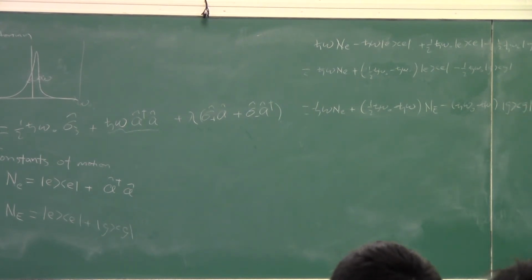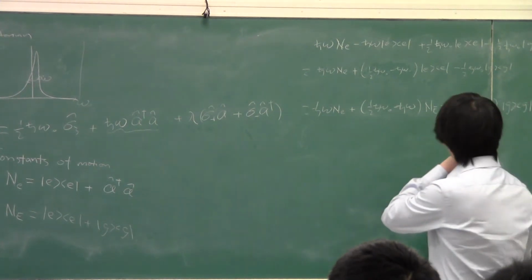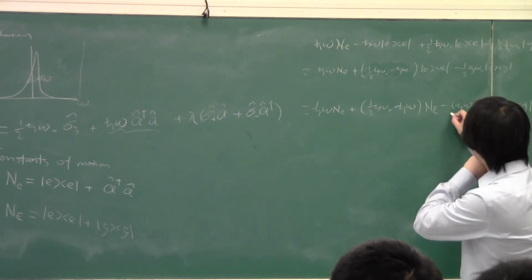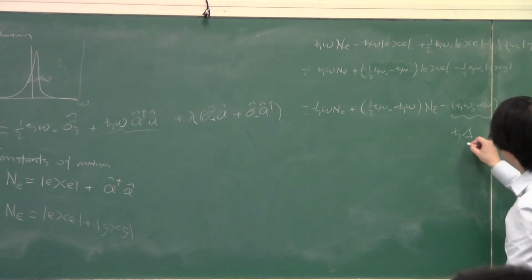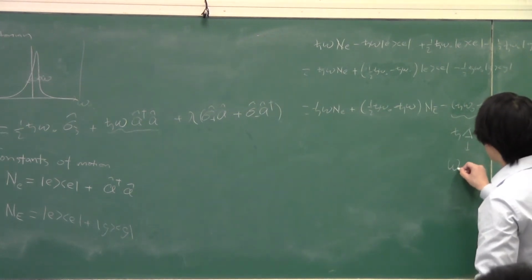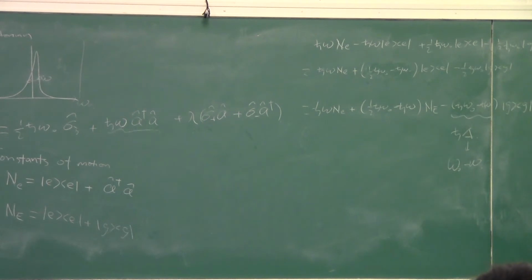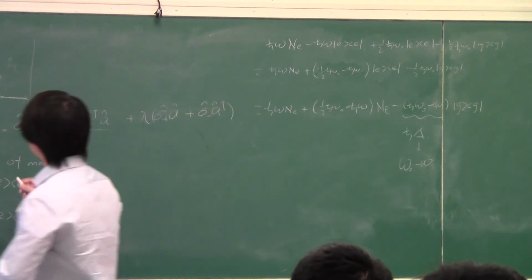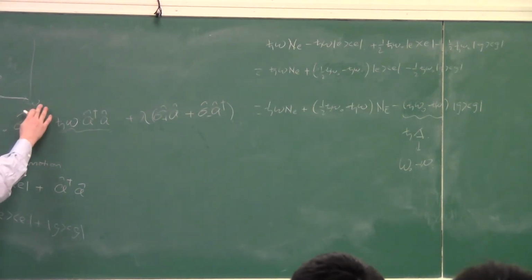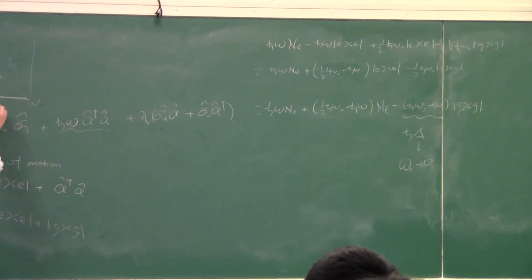Correct? Okay. So now we find that this is interesting. Let me turn this term into H bar delta, where this delta term is related to the detuning. Suppose that the atomic transition is centered around omega.